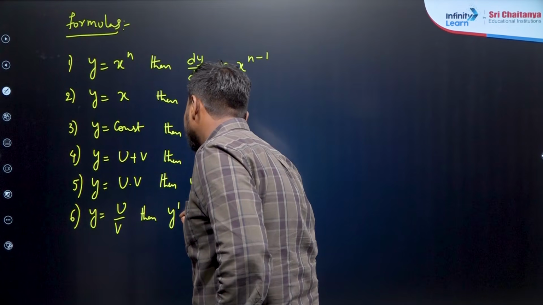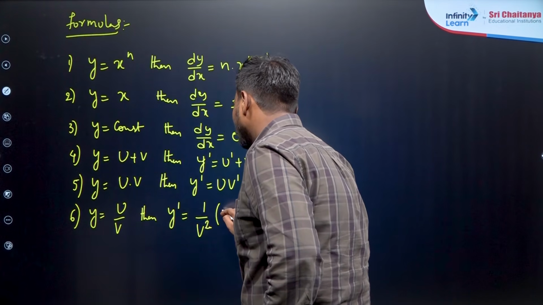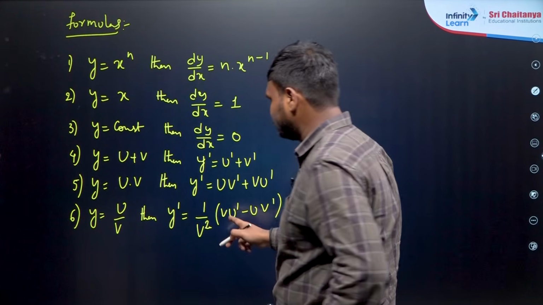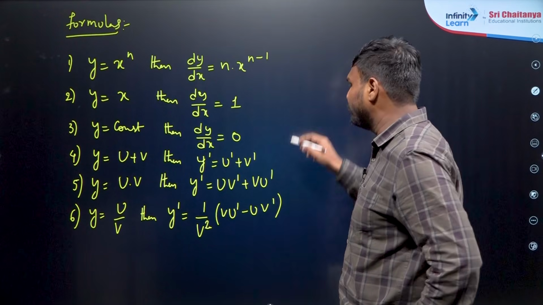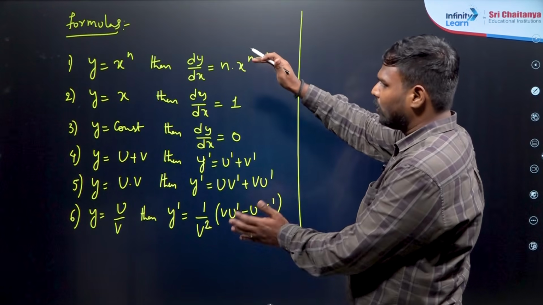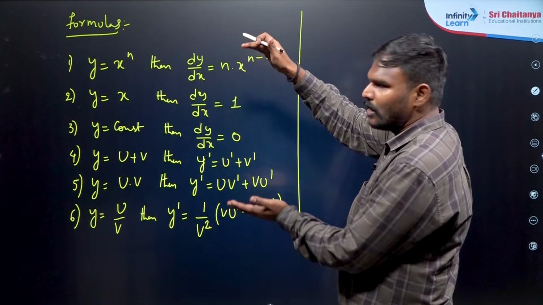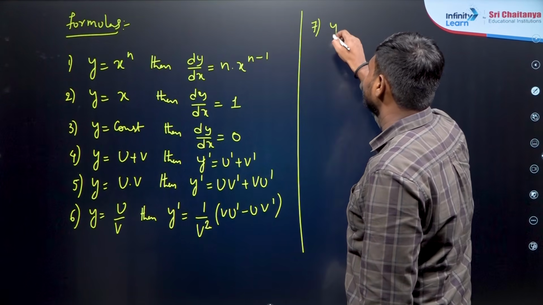Then what is y dash? 1 by v square into v u dash minus u v dash. Denominator into derivative of numerator minus numerator into derivative of denominator. These are all algebraic relations, formulas.